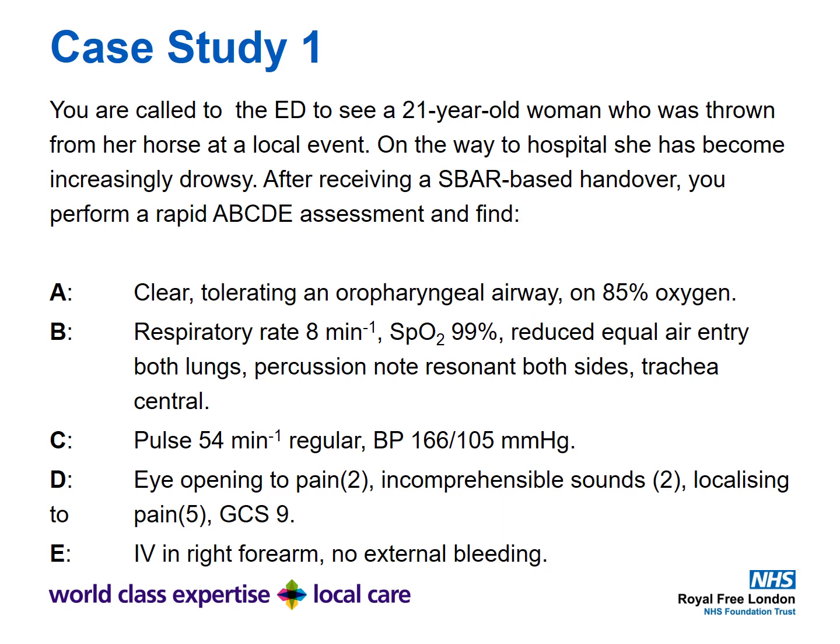Her saturations of 99, again, you need to be careful when interpreting saturations, as saturations and breathlessness and ventilation or quality of ventilation are not the same thing. She has reduced equal air entry, so think about why that might be. Notice that she has a bradycardia and hypertension. If you can remember the response to this, it begins with a C. She has a GCS of 9.